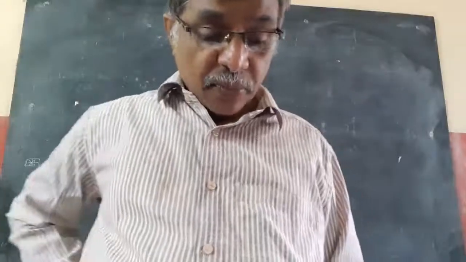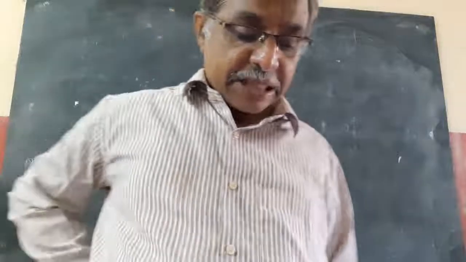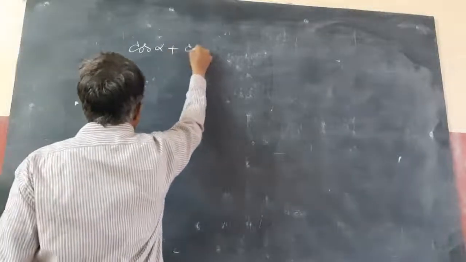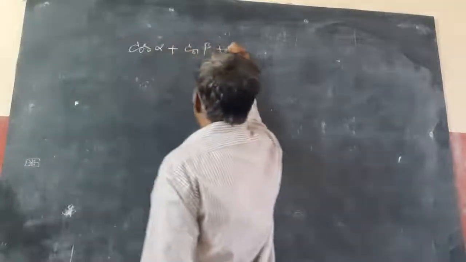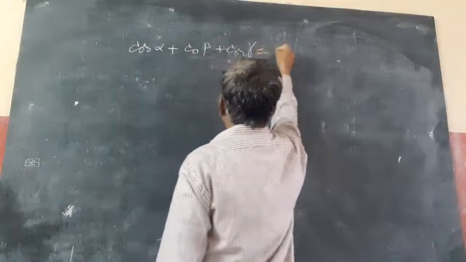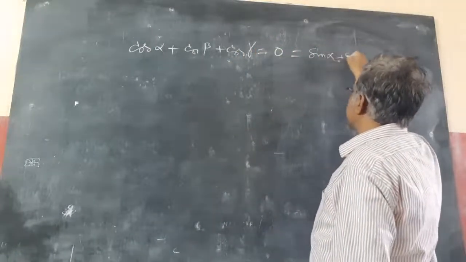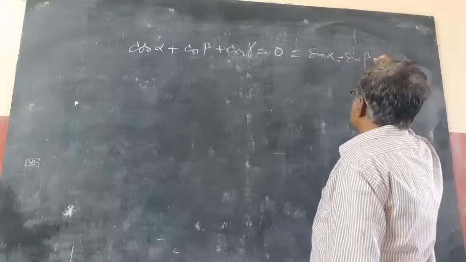Next sum. If cos alpha plus cos beta plus cos gamma equal to 0, very important sum this is, and also equal to sin alpha plus sin beta plus sin gamma, as he is giving.